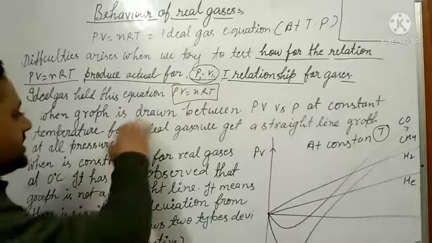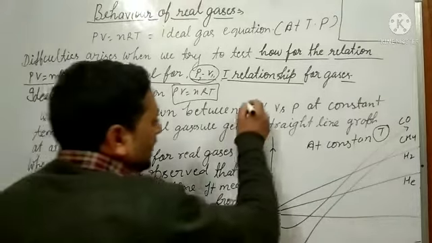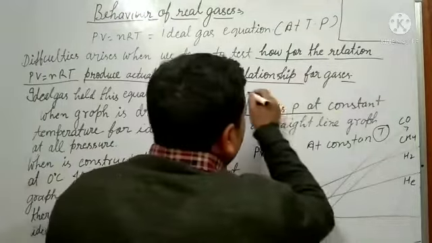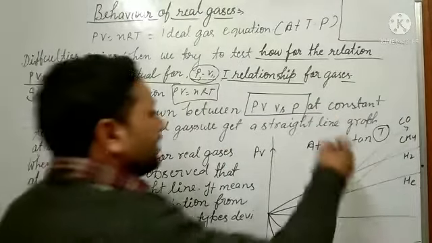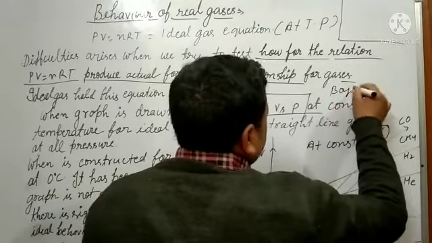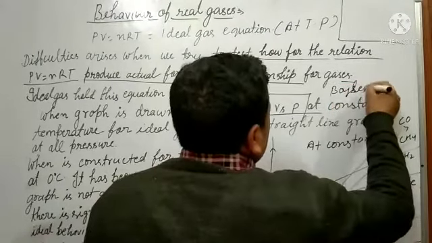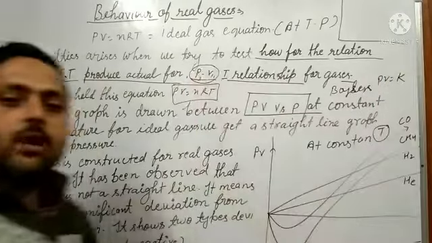When the graph is drawn between PV versus P, according to Boyle's law, PV equals a constant.